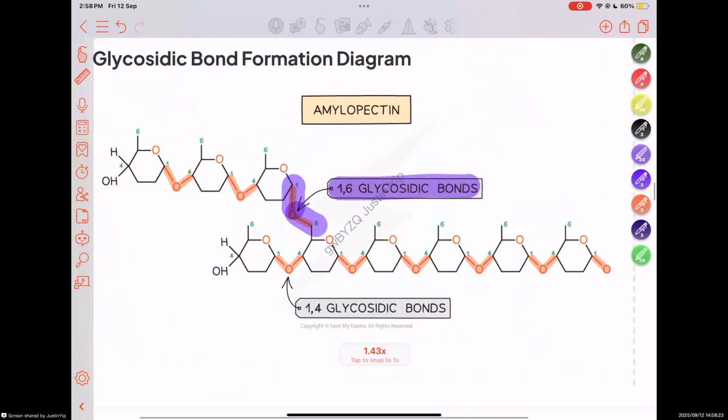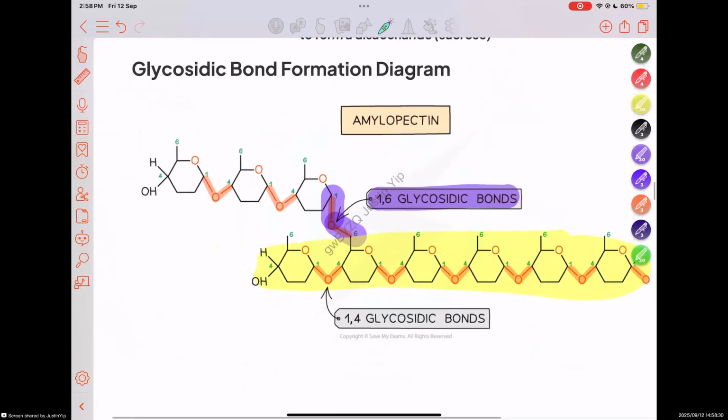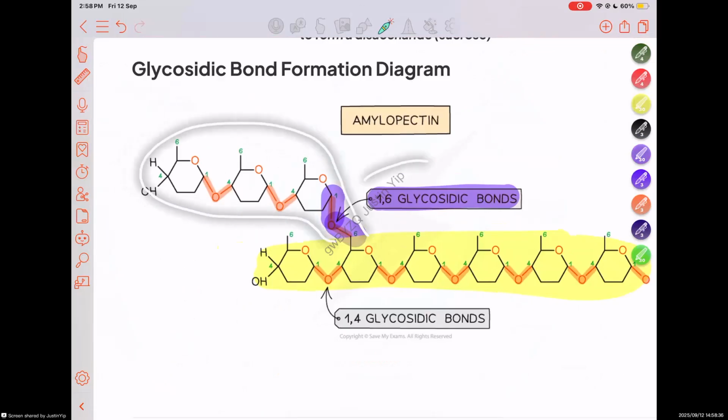You can imagine this is your straight chain, like a stem of a plant, and you suddenly have one branch coming out. For the branch, you use a 1,6 glycosidic bond.